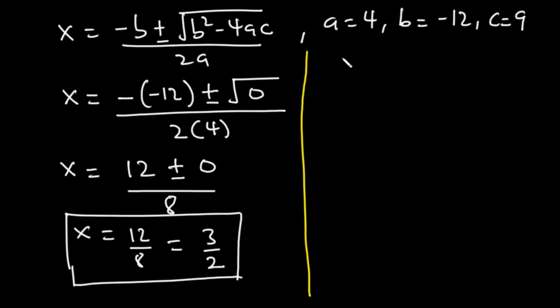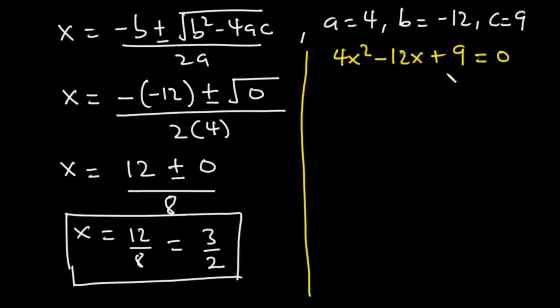So the equation was 4x squared minus 12x plus 9, let's say is equal to 0. The coefficient of the x squared term is 4, and then the constant is 9. So we want to multiply 4 times 9.